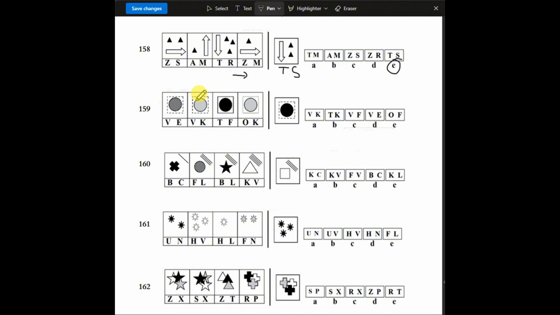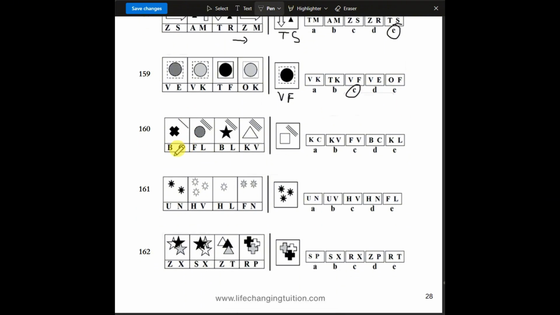V and V seems to indicate the dotted lines on the outside, whereas T would mean straight lines on the outside, and O would mean small dashes. This is a V type shape. The next one, K and K means grey, so F would mean black, so it's going to be V, F, so option C.